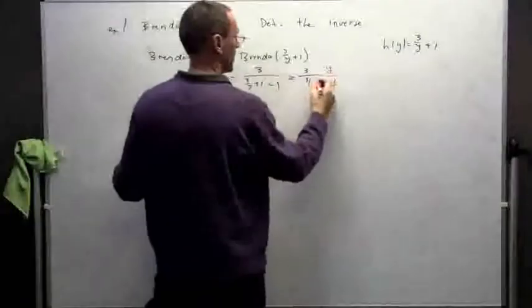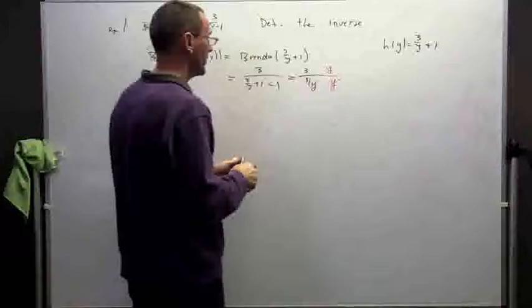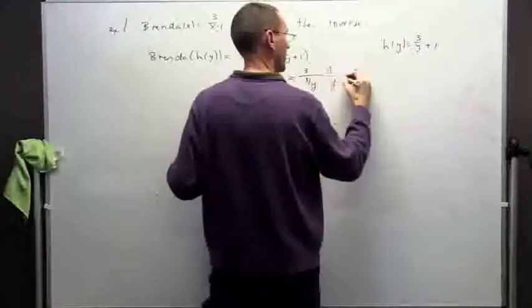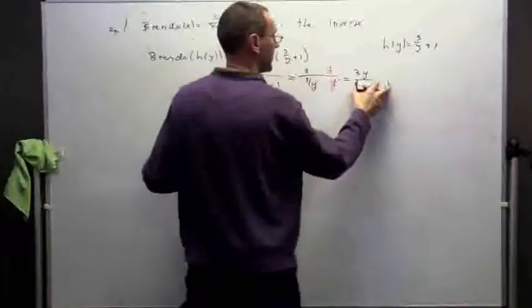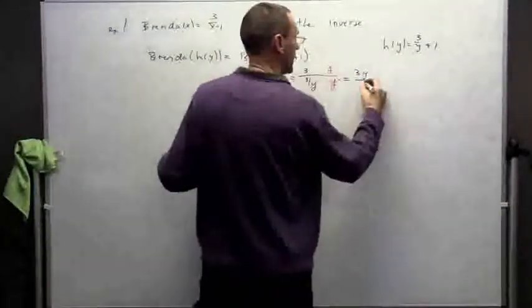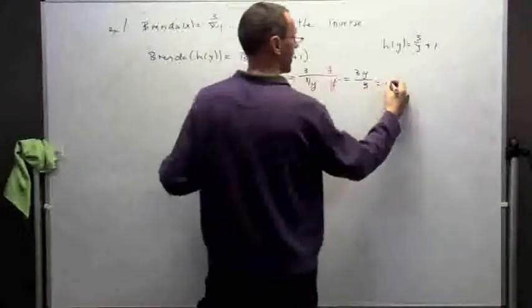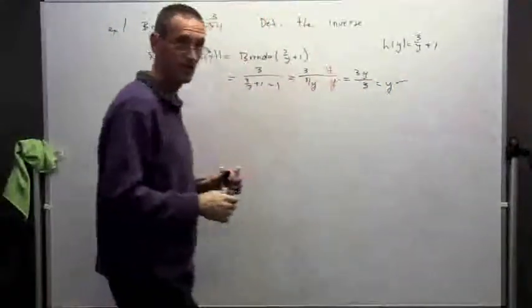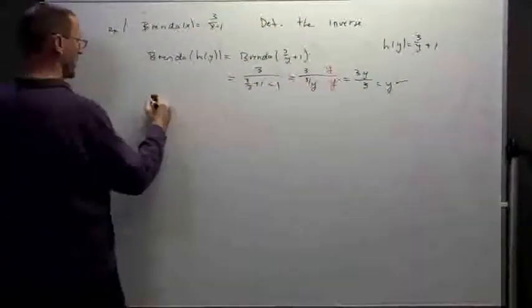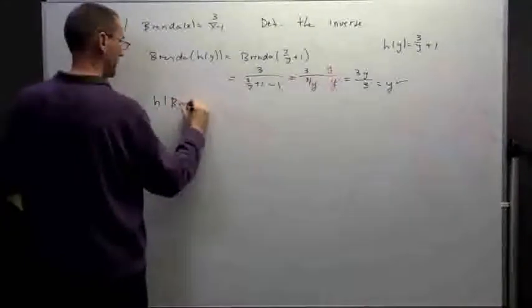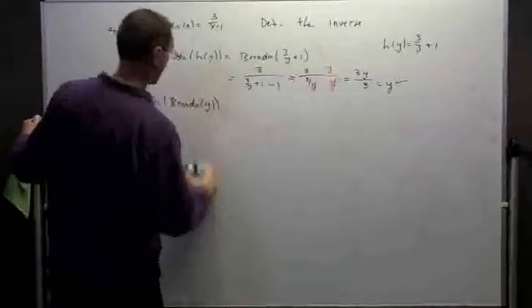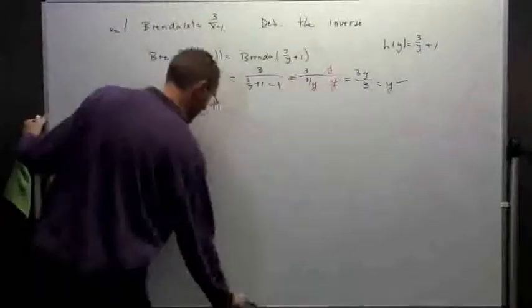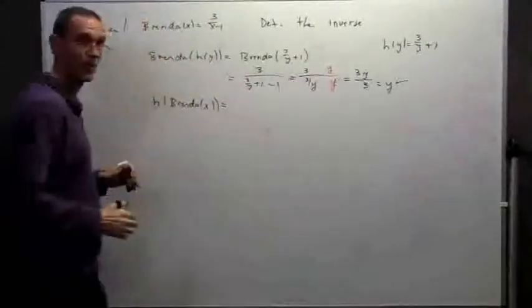If I do that, those will cancel, and what am I left with? 3y over 3. Getting excited. And now 3 divided by 3 is 1, so that works out. Let's go the other way. Oops, now Brenda is a function of x. So I get this.